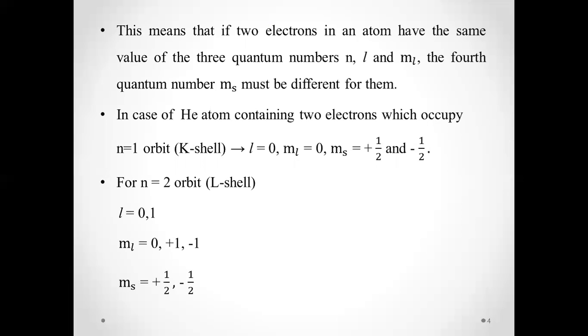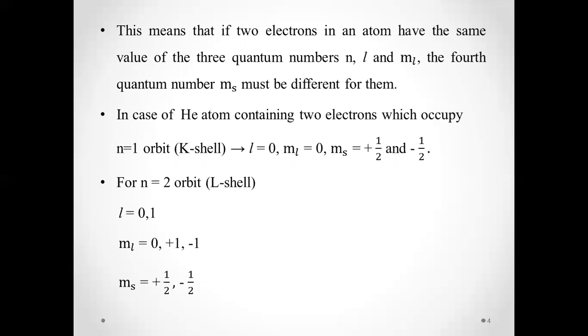For n equals 2 orbit, that is L shell, the possible values of l are 0 and 1, because the orbital quantum number takes integer values starting from 0 up to n minus 1.